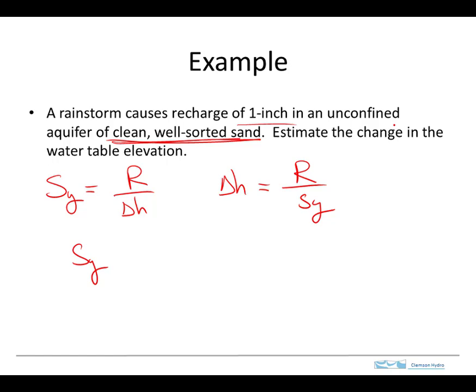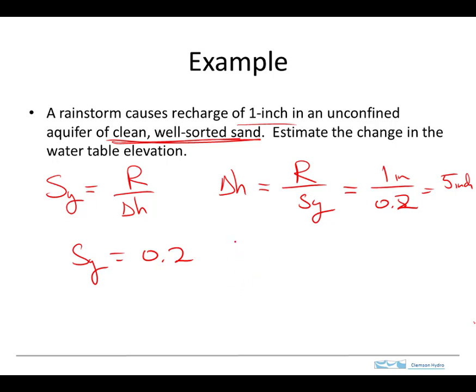So let's do that, and we'll say specific yield is 0.2. So this would just be equal to, if the recharge is 1 inch divided by 0.2, then we would expect the water level change to be 5 inches.